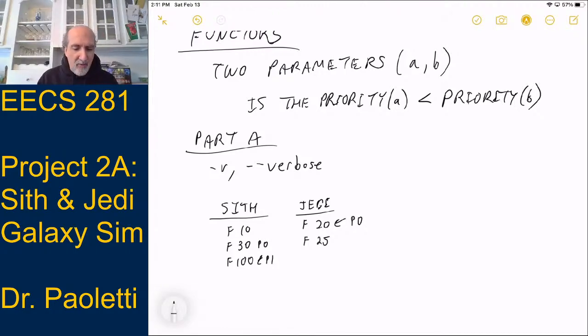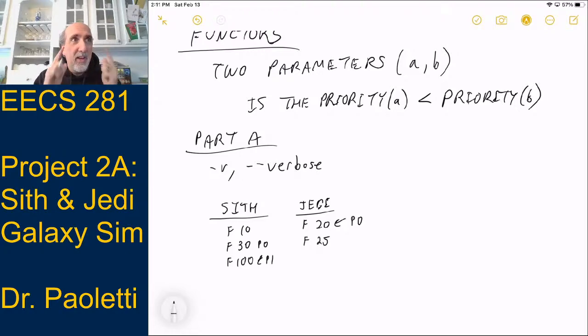Hey, that force 30 Sith is willing to fight that force 20 Jedi, but that force 30 Sith is not at the top of the PQ. We need more priority queues. We don't need just a Sith priority queue and a Jedi priority queue. We need them on a per planet basis.